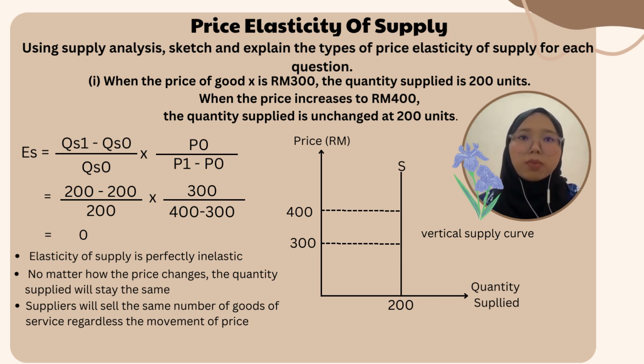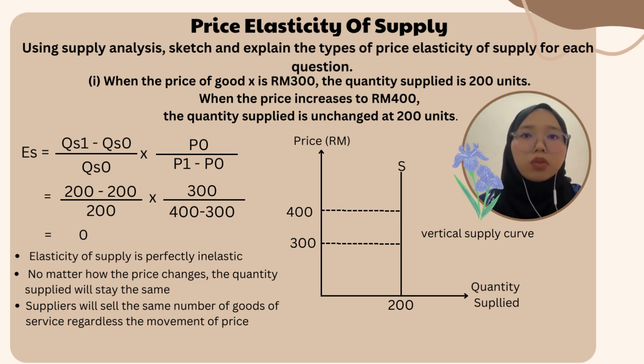Question number 1, when the price of good X is 300 ringgit, the quantity supplied is 200 units. When the price increases to 400 ringgit, the quantity supplied is unchanged at 200 units. Using the formula, elasticity of supply equals quantity supplied 1 minus quantity supplied 0 divided by quantity supplied 0, multiplied by price 0 divided by price 1 minus price 0.